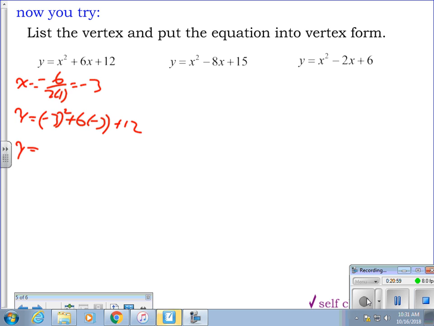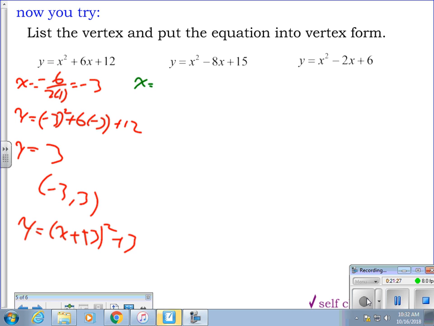Negative 3 squared is 9, minus 18 is negative 9, plus 12 is 3. So I get negative 3, 3. So I get y equals (x minus negative 3) squared plus 3, or I can make that (x plus 3) squared plus 3.